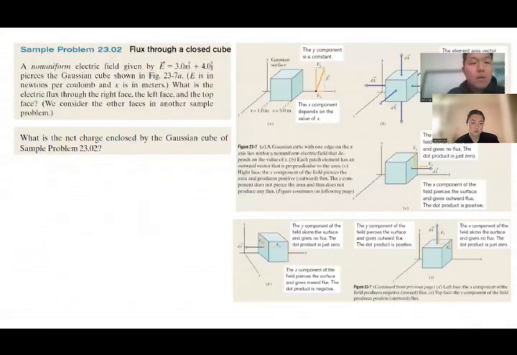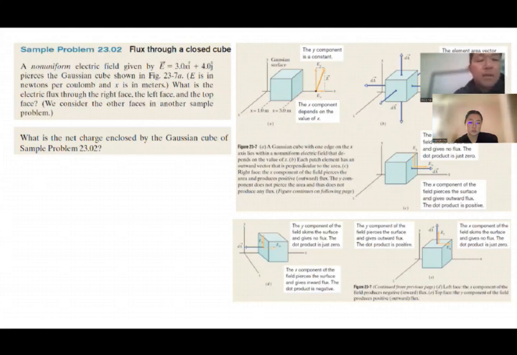Second question: what is the net charge enclosed by the Gaussian cube of sample problem 3.02? Based on Gauss's law, the net charge inside the Gaussian surface is given by the total integral of the electric field over the total surface of the Gaussian cube.